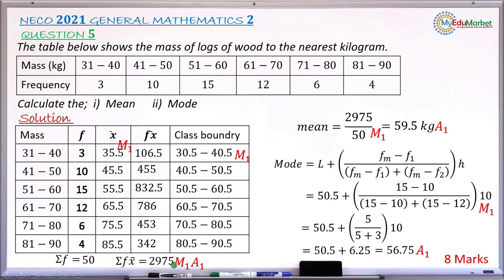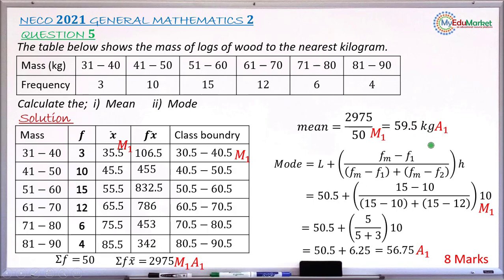You have a method 1 mark, and when you add correctly to get 2975, you have an accuracy 1 mark. Next mark is substituting in the formula for finding the mean, summation fx bar all over summation f, correctly, so have a method 1 mark. And when you have the mean exactly as 59.5, you have an accuracy 1 mark.